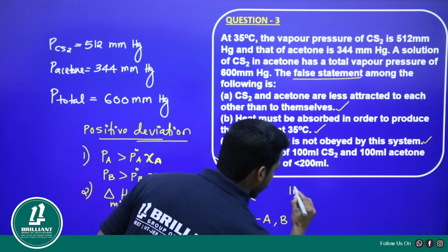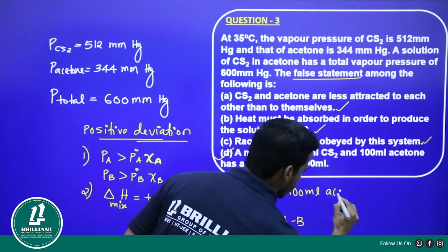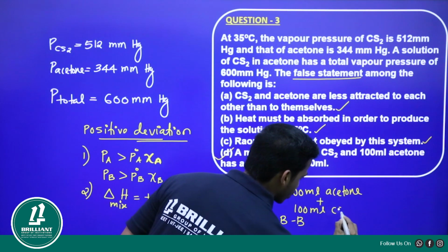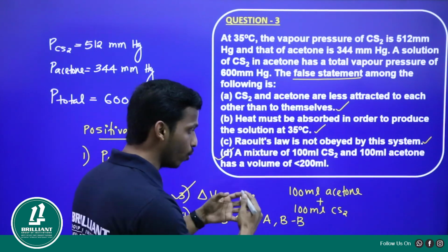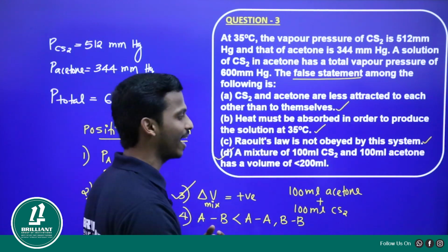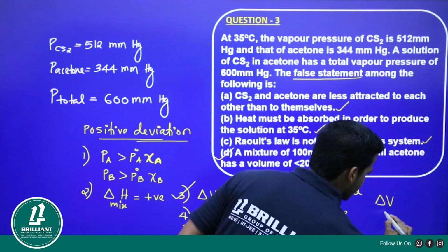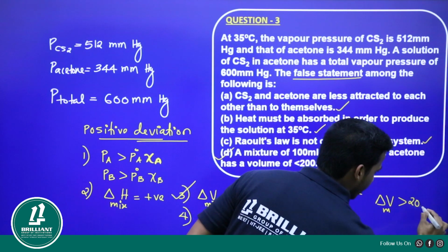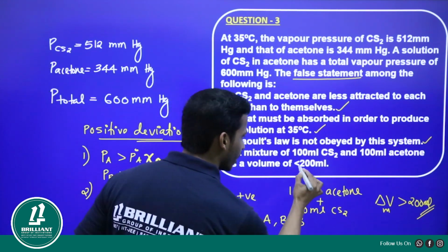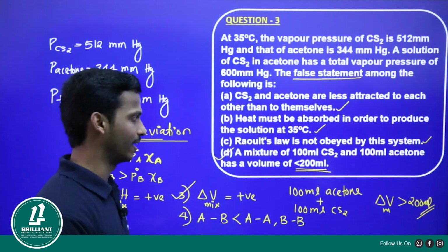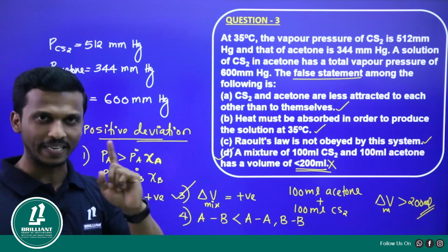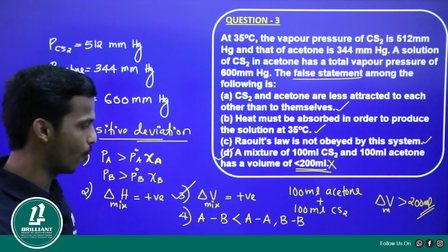So when you mix 100 ml acetone with 100 ml CS2, the total is 100 plus 100, 200, but the volume should be greater than 200. So delta V mixing should be greater than 200 ml. So that is a wrong statement here. It should not be less than, it should be greater than. So this is your answer, option D. Question number 3, answer is option D. Okay, let's go to question number 4.